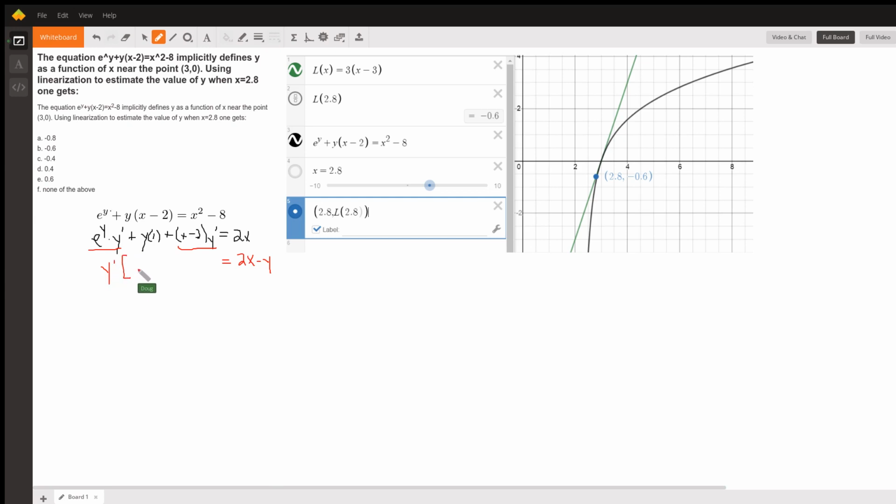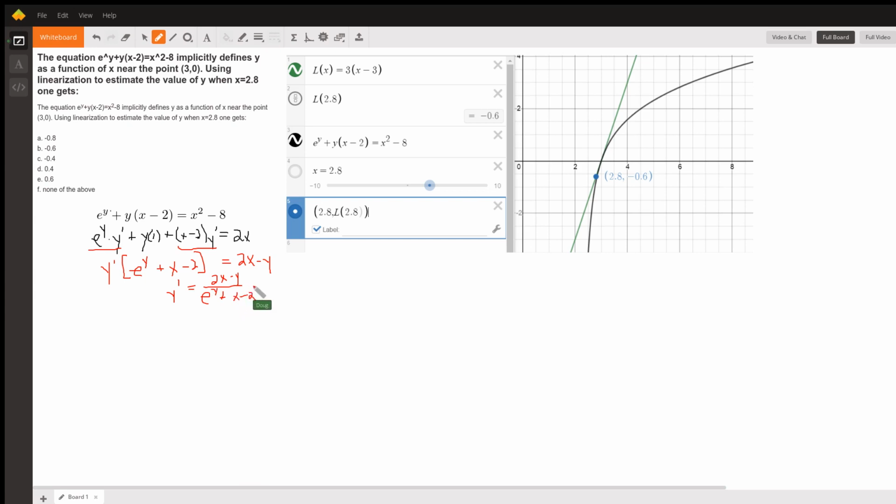That'll leave e^y here and plus x - 2 from that second term. And then if I want to solve for y prime, this is my formula for slopes of tangent lines to the graph of that implicitly defined function.